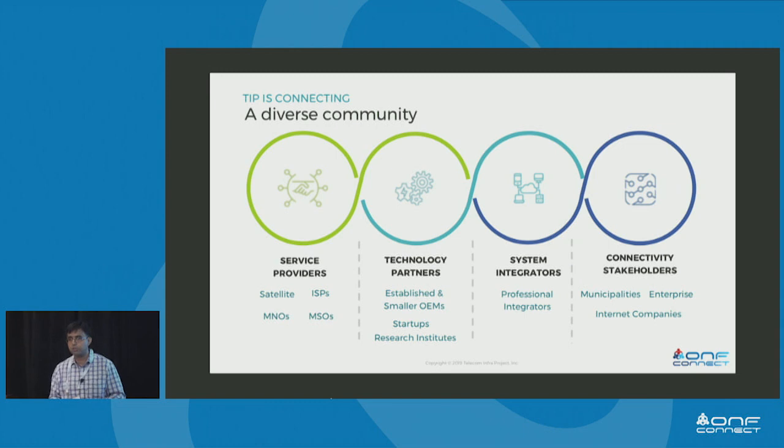And ultimately, for these solutions to get deployed on street furniture and city assets, you really want to make sure you have the municipalities and all of the communities, including the enterprises and other internet companies, as part of your ecosystem. So it's really important to look at all facets of the problem statement and make sure every aspect of it is covered and you have the community engagement.